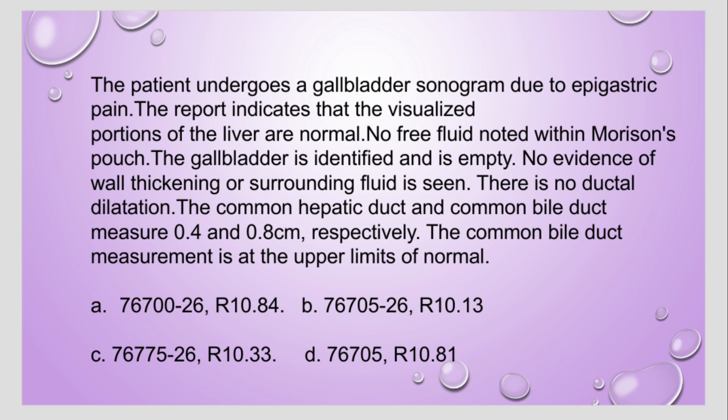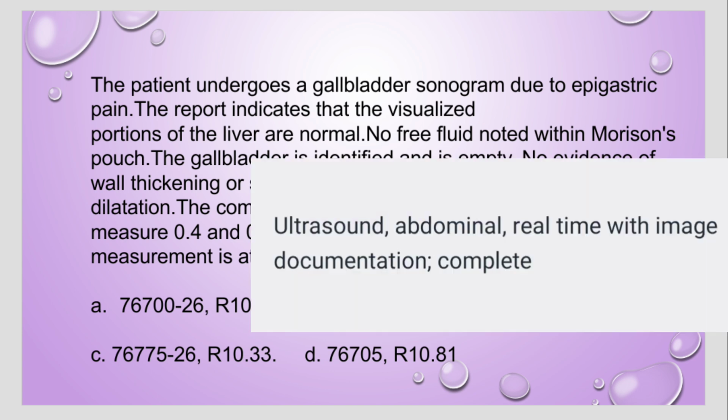So first we have to check the CPT codes. We have 3 codes here, that is 76700, 76705, 76775. Let's check the CPT code 76700. It is for ultrasound abdominal real time with image documentation complete.